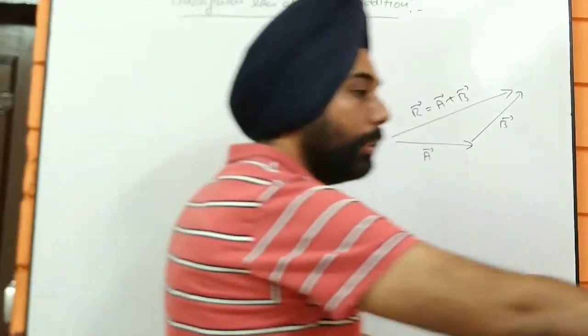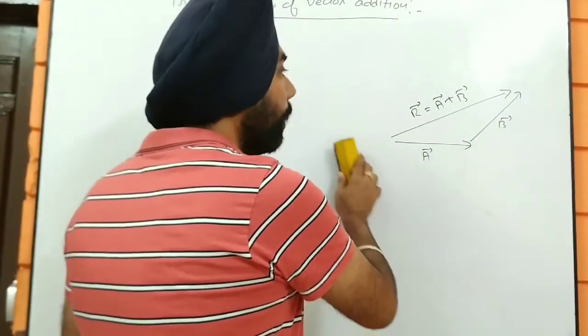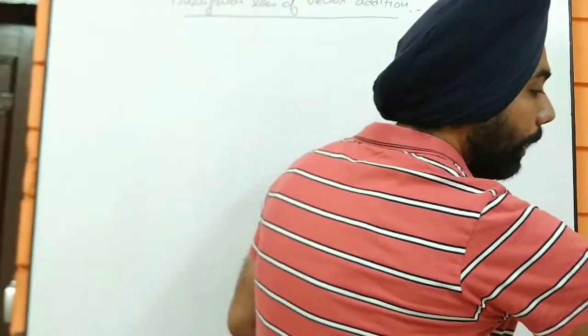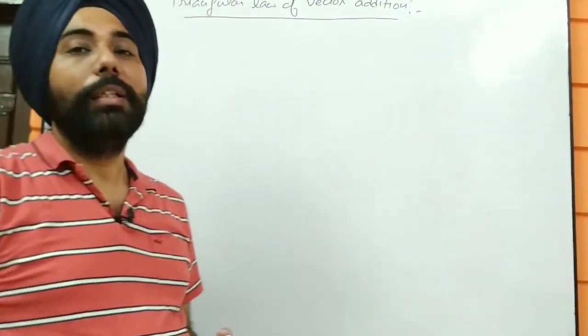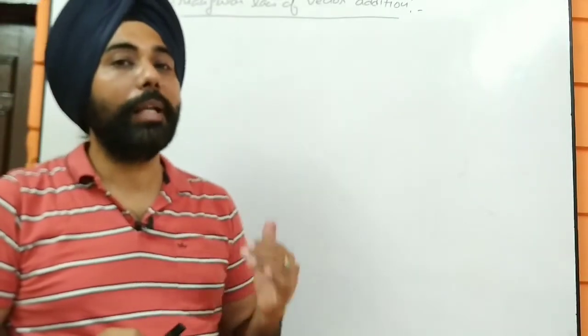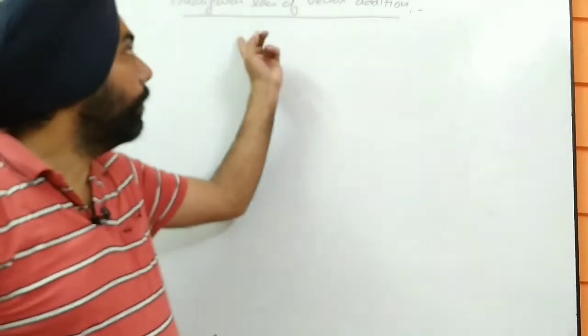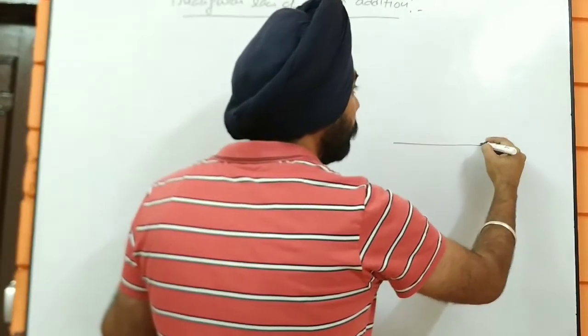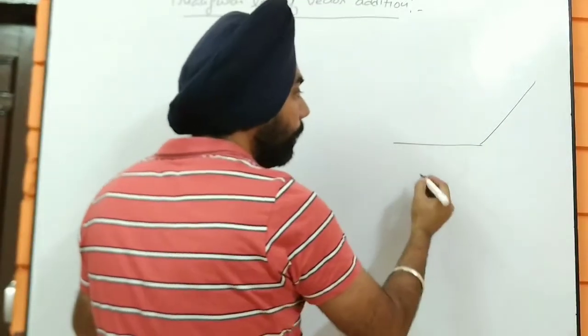I'm erasing that, and we are going to make a new diagram to prove the magnitude, and that topic is known as the analytical method to calculate the magnitude of the resultant of the triangular law of vector addition. So I'm going to take the same triangle here. Nothing to worry.